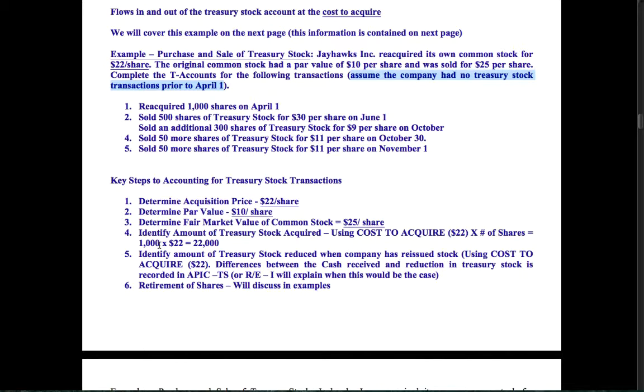So after you've identified the specific amount of treasury stock you're acquiring, you need to identify the amount of treasury stock that is reduced when the company has reissued stock. That is the $22.